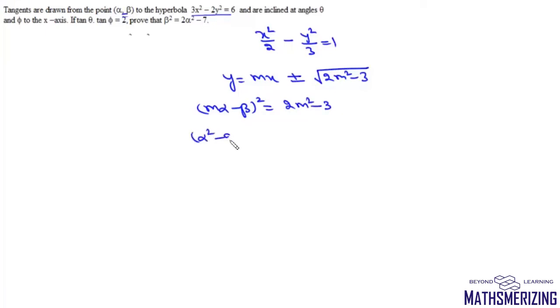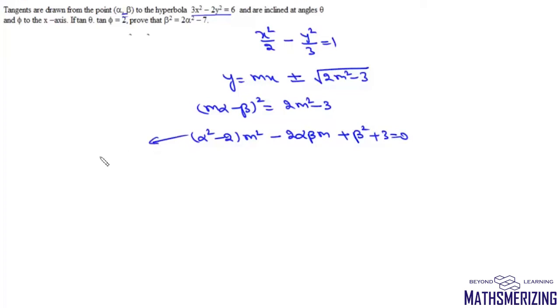We can write equation of tangent as y equals mx plus minus under root of a square m square minus b square. Now this tangent will pass through alpha comma beta. So we can write this as m alpha minus beta square equal to 2m square minus 3. So we can write this as alpha square minus 2m square minus 2 alpha beta m plus beta square plus 3 equals 0.